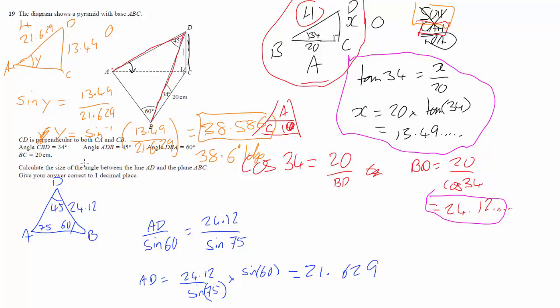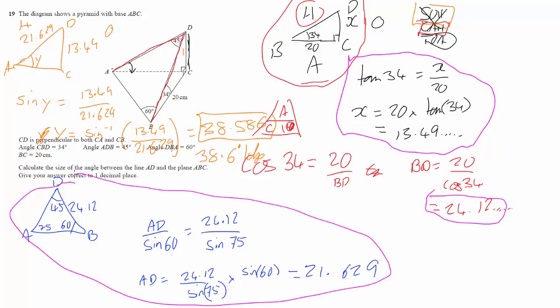Then you're going to get a mark for trying to find the length of AD, in this case by using the sine rule. Then you're going to get a mark for trying to find what Y is, and it's a process mark, so if you do get it wrong, depending on how badly, you could still get a mark for it. And then your last one is for getting the accuracy of the answer.